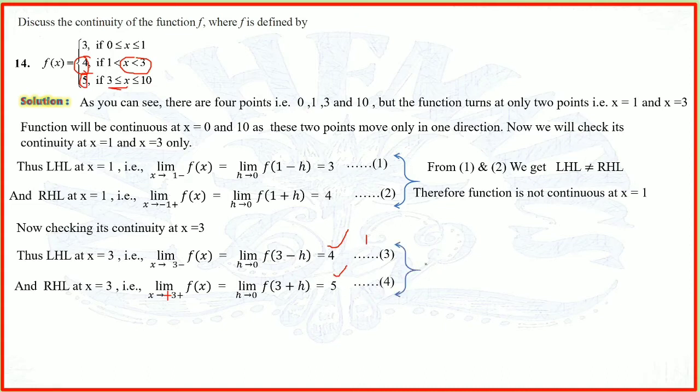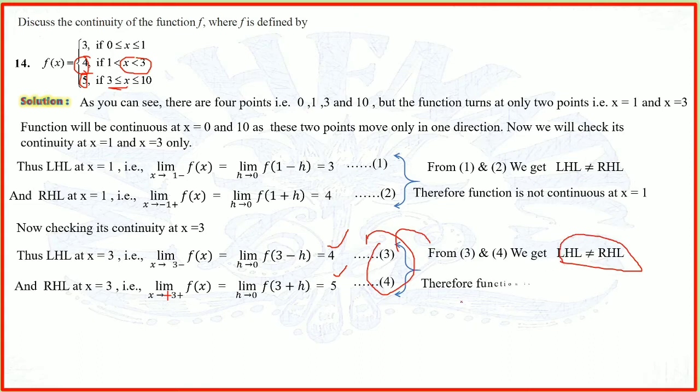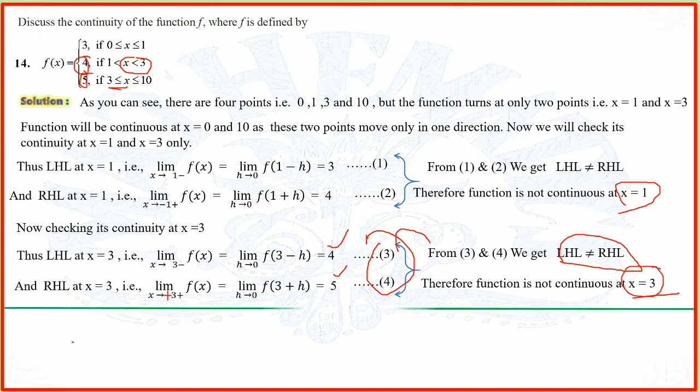Now from equations 3 and 4 we conclude that the left hand limit is not equal to the right hand limit. Therefore the function is also not continuous at x is equal to 3. So these 2 points, x is equal to 1 and x is equal to 3, are the 2 points of discontinuity for this particular question, question number 14.